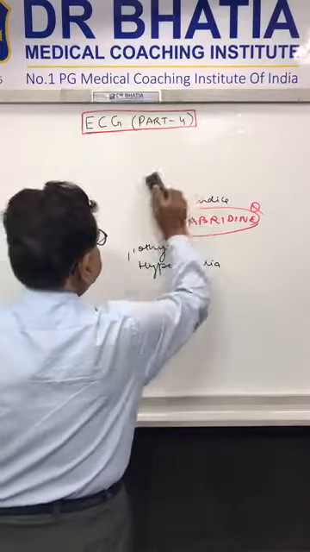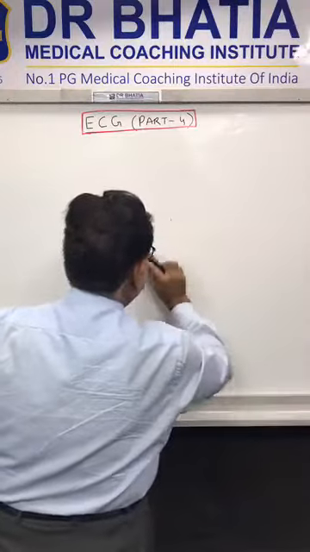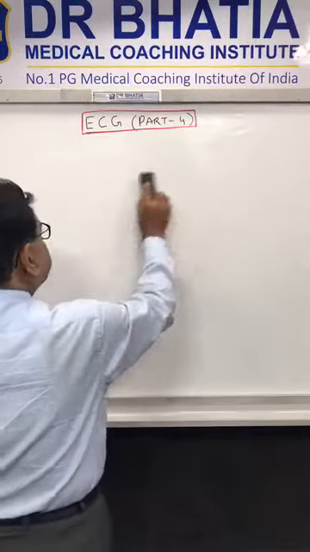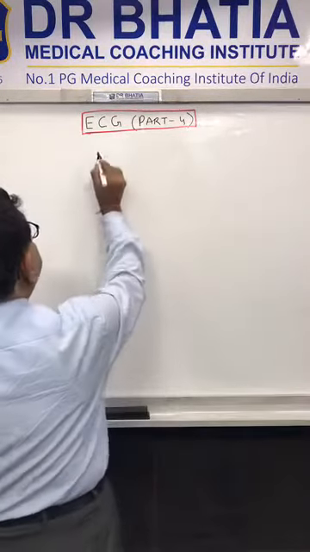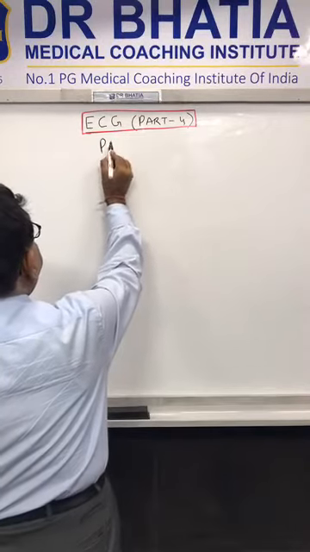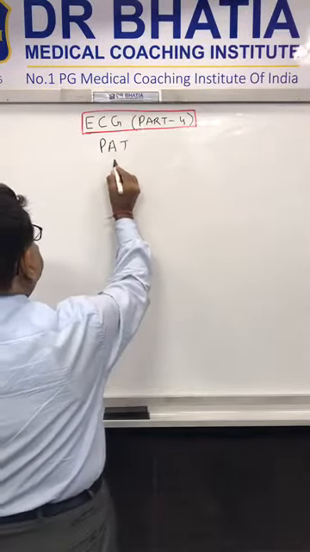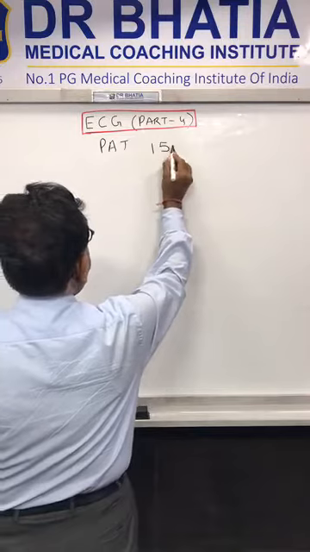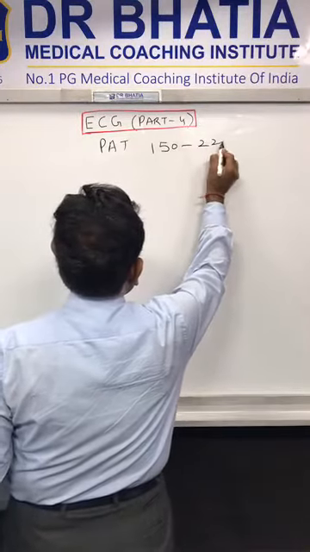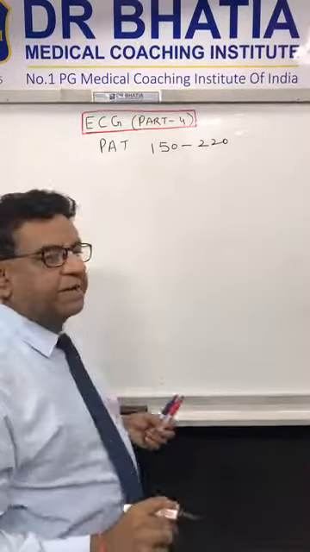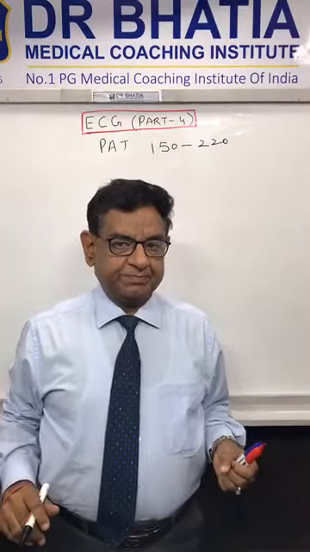Now we talk about PAT, paroxysmal atrial tachycardia. Here the atrial discharge rate is between 150 to 220 per minute.